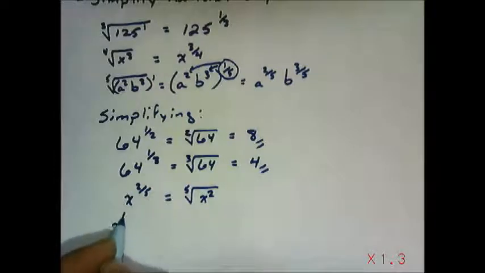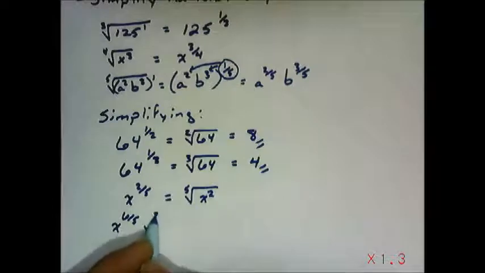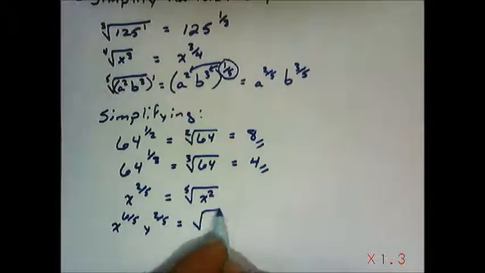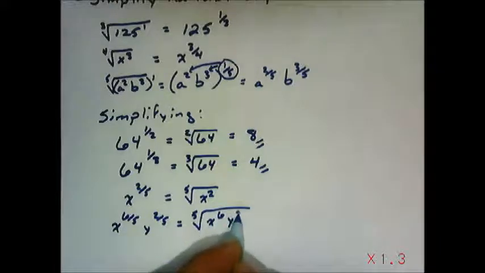So let's take x to the 6/5 power times y to the 2/5 power. Here, since our denominators are the same, we can pull that out as taking the fifth root of x to the 6th, y squared.